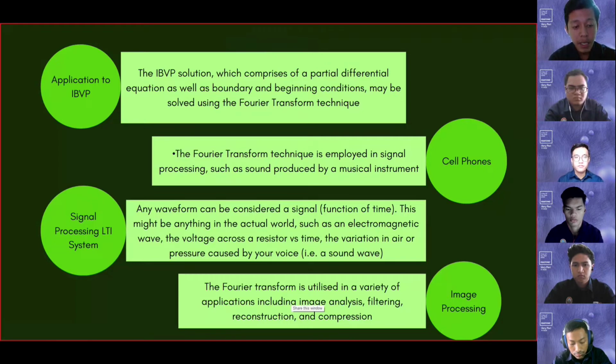This might be anything in the actual world, such as an electromagnetic wave, the voltage across a resistance versus time, or the variation in air pressure caused by your voice. In image processing, the Fourier transform is used in a variety of applications, including image analysis, filtering, reconstruction, and compression.